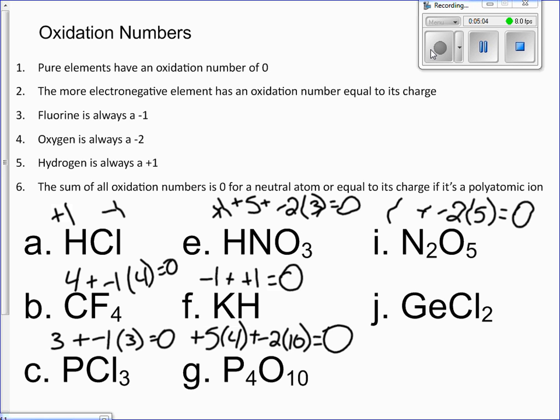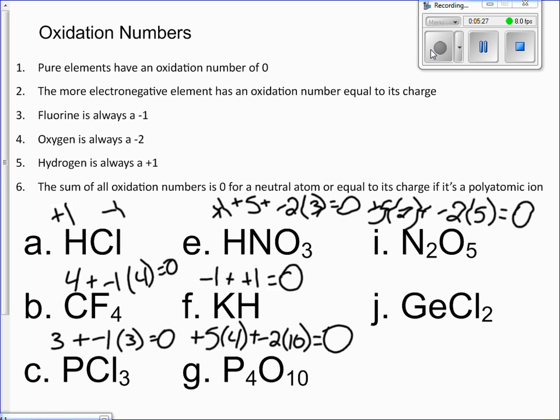We have 2 of them, so that means each nitrogen is going to be positive 5. I'm sorry for the terrible handwriting. It's the smartboard, not me. So in letter I, each nitrogen has a positive 5 charge. Each oxygen has a negative 2 charge.